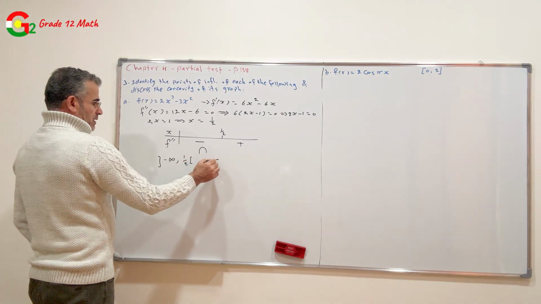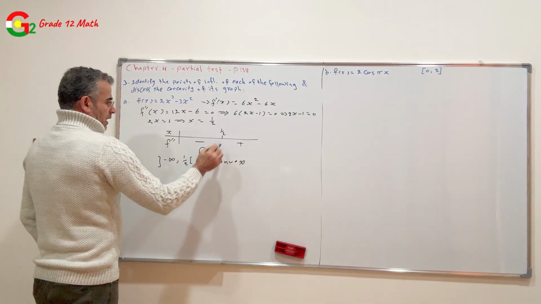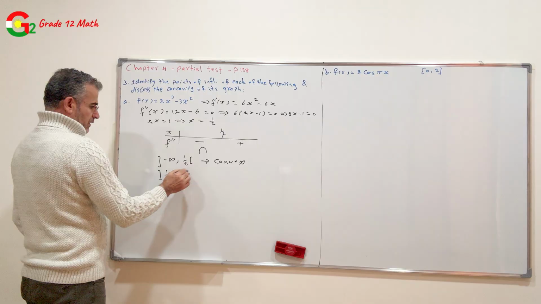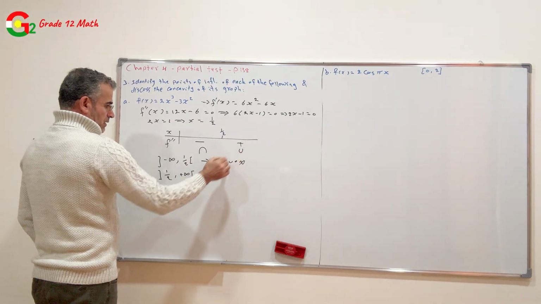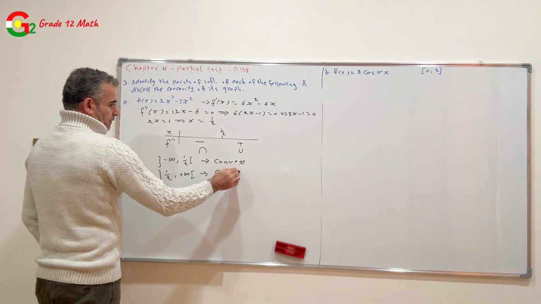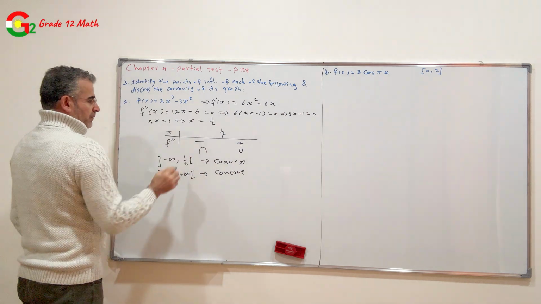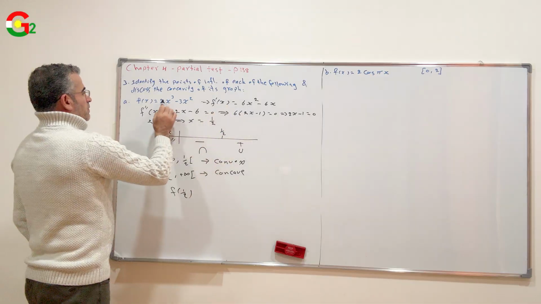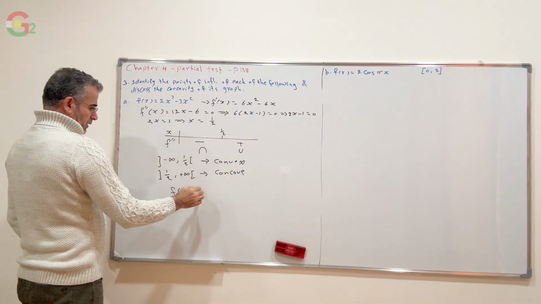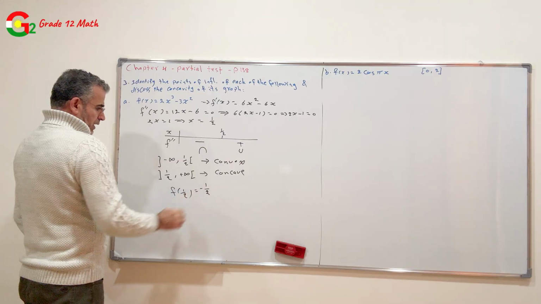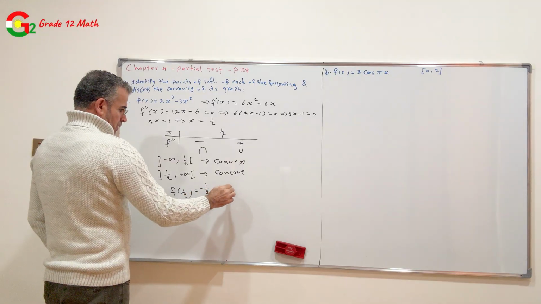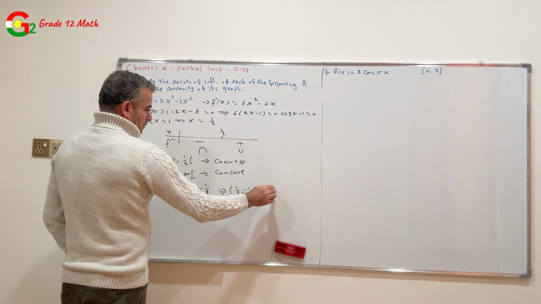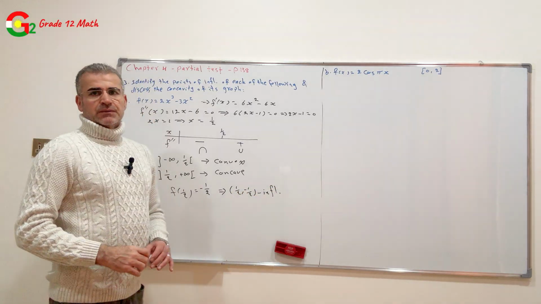The function here is convex, and in the interval 1/2 to positive infinity, the function is concave. And the point f of 1/2, substitute it in the function, you will find that it is equal to negative 1/2. Then the point 1/2, negative 1/2 is an inflection point for this function.